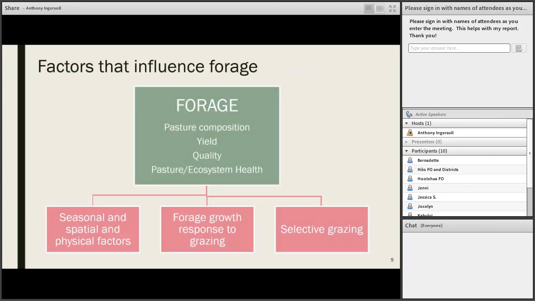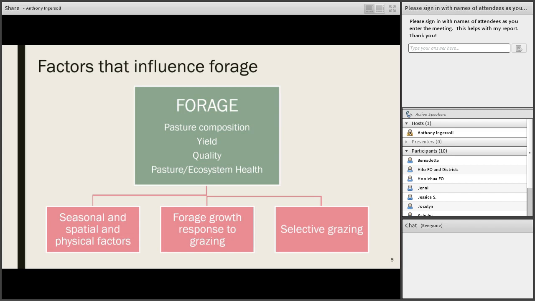In grazing management, when we consider the forage side of the system, we need to consider some of the factors that influence the forages. So, for example, seasonal, spatial, and physical factors have definite impacts on species composition, forage yield, and quality. We also need to understand how forages respond to grazing, which, if we remember, is a type of disturbance to a plant.